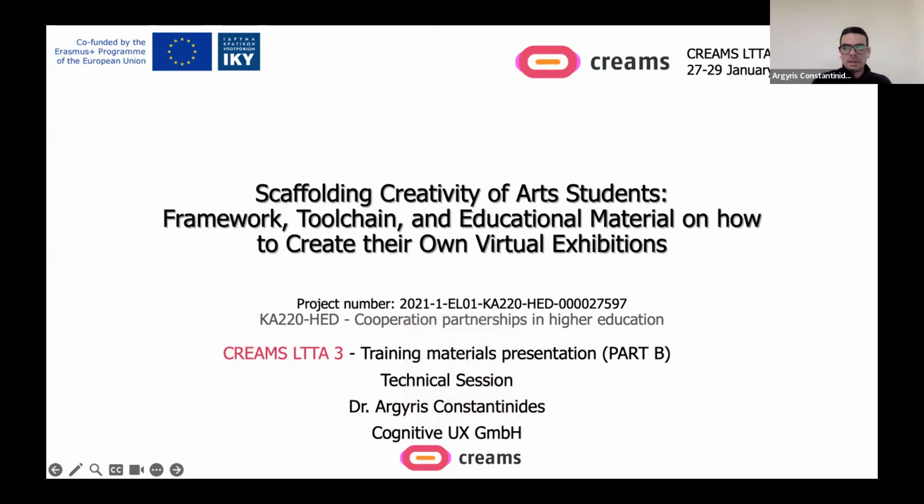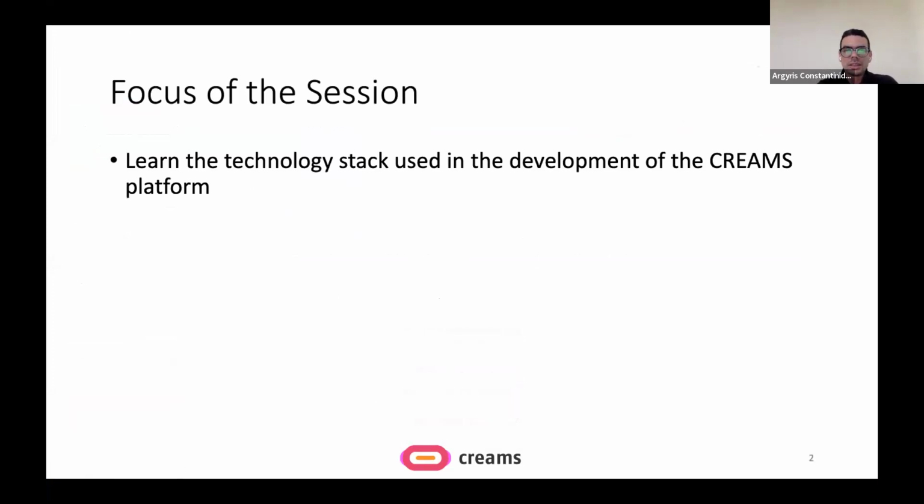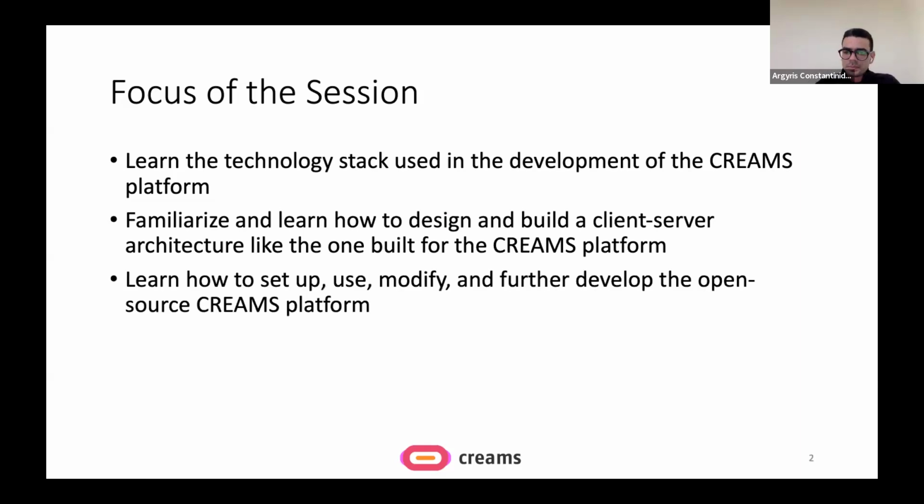So in my presentation, we will go through the different technologies and the architecture that the CRIMS platform is built on. First of all, I'll start with the focus of the session, which is about learning the different technologies and tools that were used as part of the development activities, as well as familiarizing with the code base and learning how someone can design and build a client-server architecture like the one that we built as part of the CRIMS project.